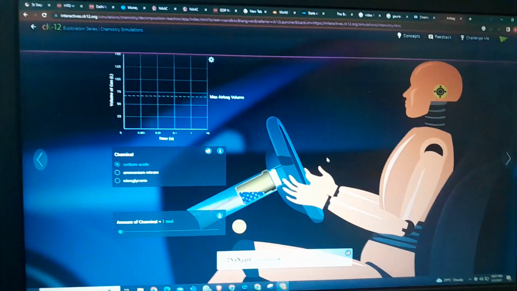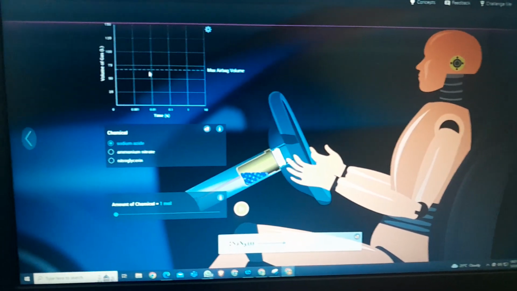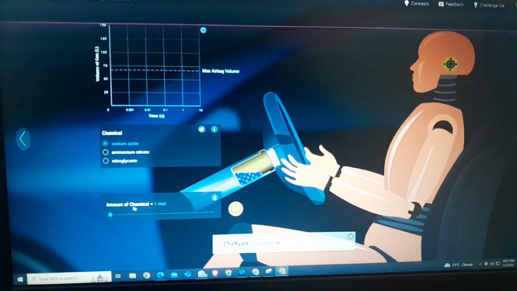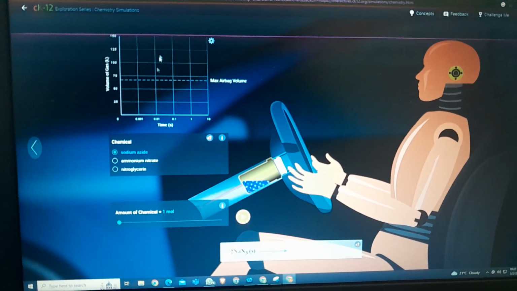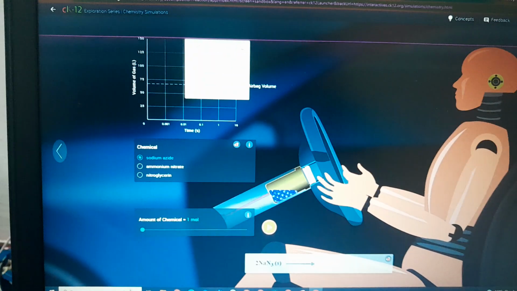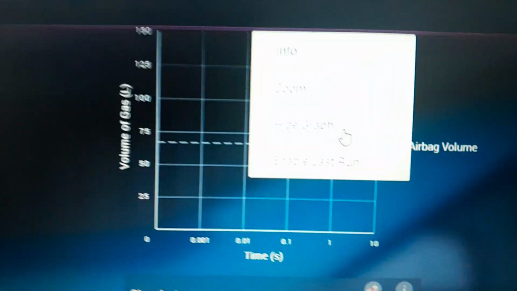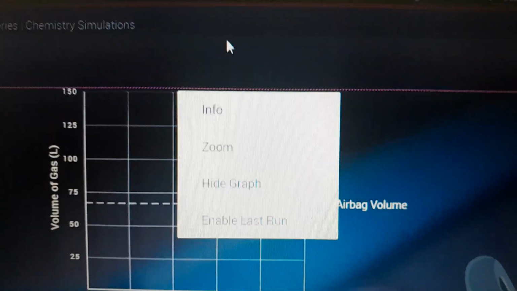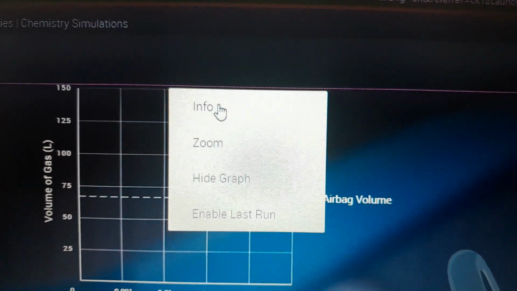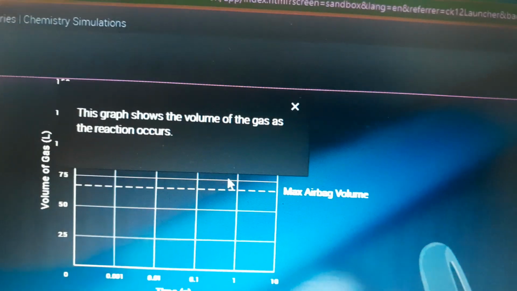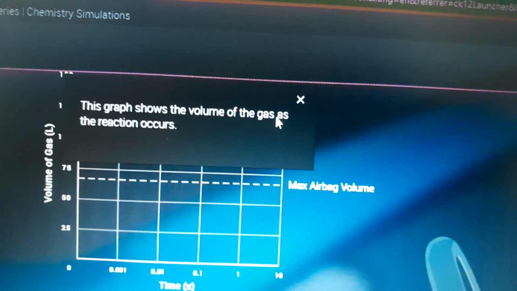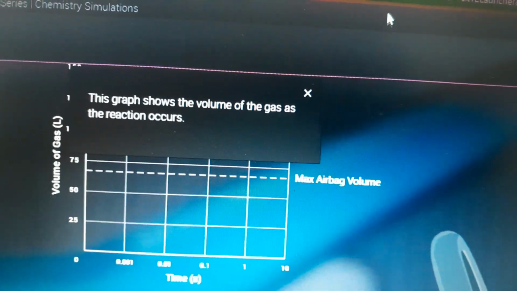In the simulation we have three things: a graph, the chemicals that we'll use and the amount that we'll use, and here the chemical equation will be given. We'll go to the settings and learn what this graph is showing. The volume of the gas with time would be shown here.